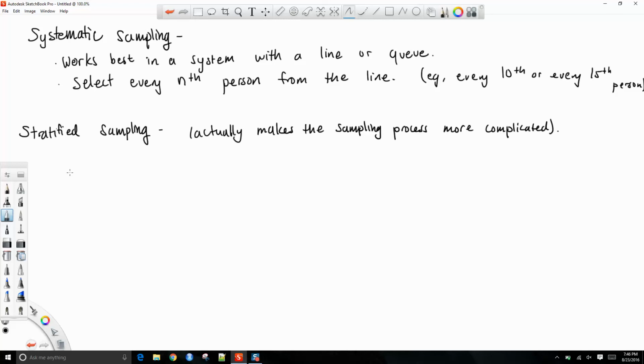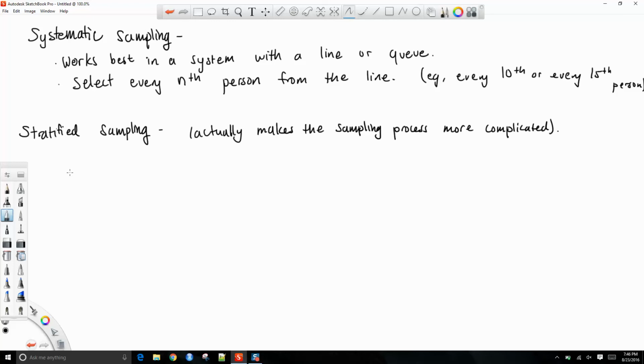If you're going to survey people, and you're asking questions about things related to gender, perhaps the gender of the respondents will influence the responses you get.